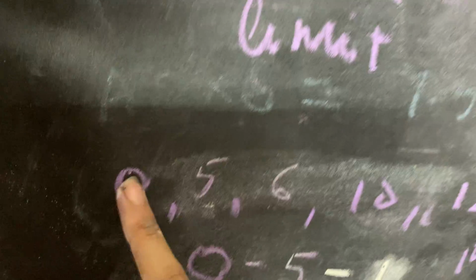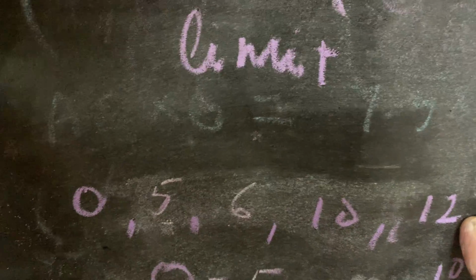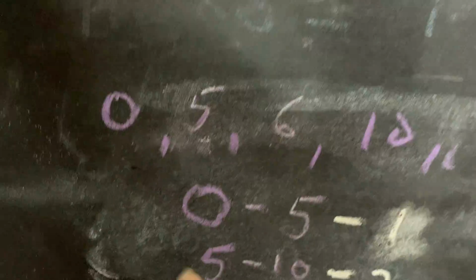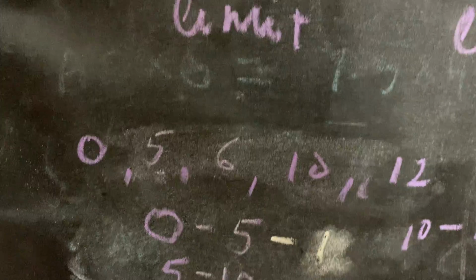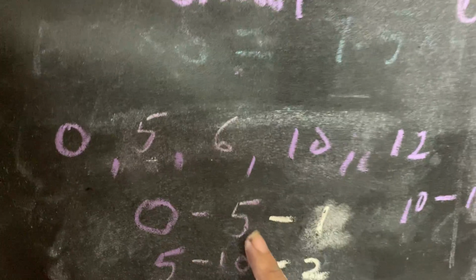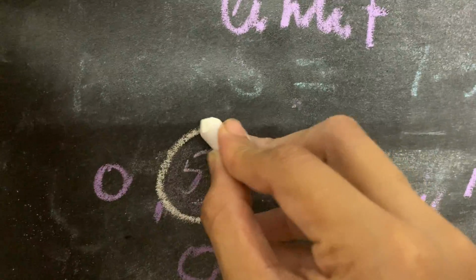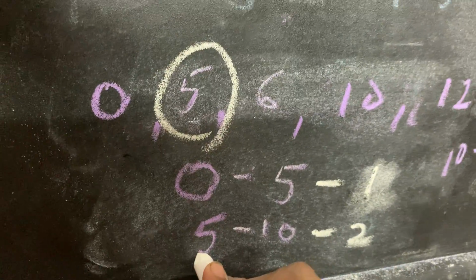Suppose you have collected data, say 0, 5, 6, 10, 12 and you are asked to group it, say 0 to 5, 5 to 10 and 10 to 15. When you group from 0 to 5, this value 5 you will not take, because in the next interval you have 5 as your lower limit.